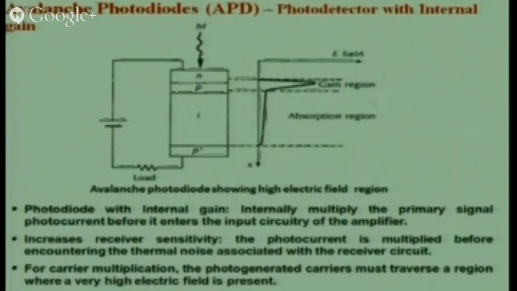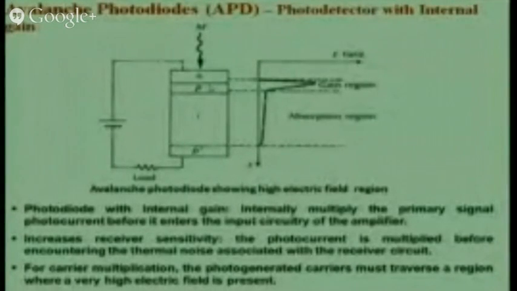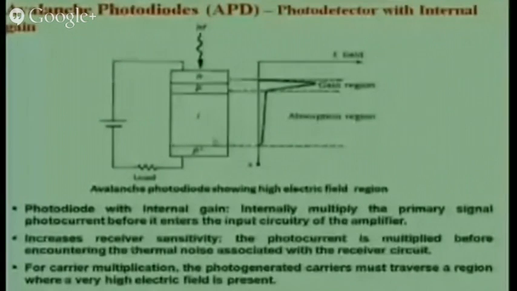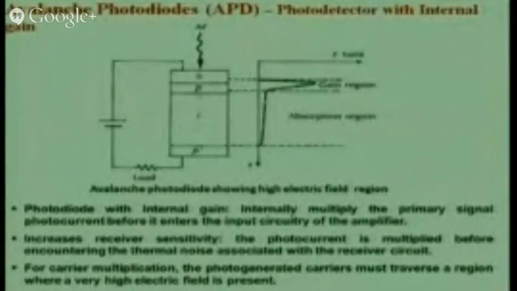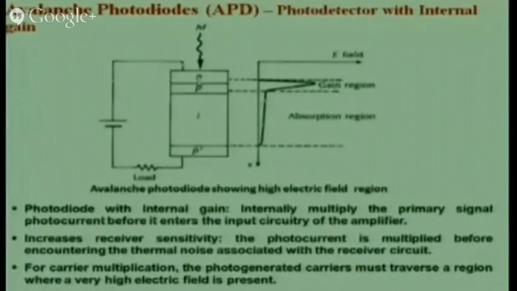Think of a situation where you have an n-type material, a p-type material, an intrinsic layer, and then a p-doped material again. This is the absorption region where photons are absorbed and create an electron-hole pair. Now you have applied a high reverse bias, and these electron-hole pairs, while traversing to the respective junctions, gain enough momentum to liberate further electrons.